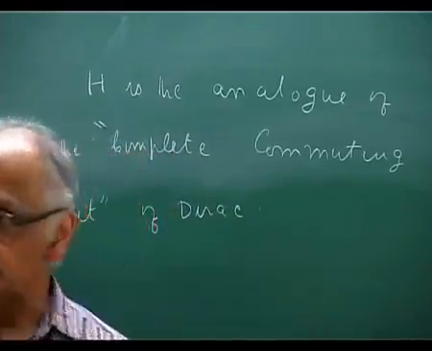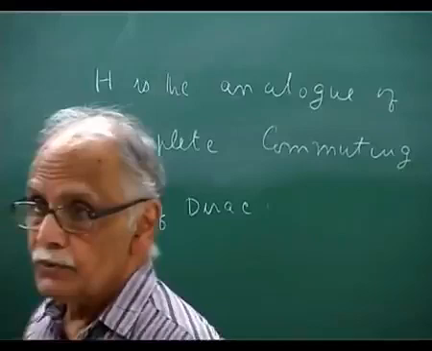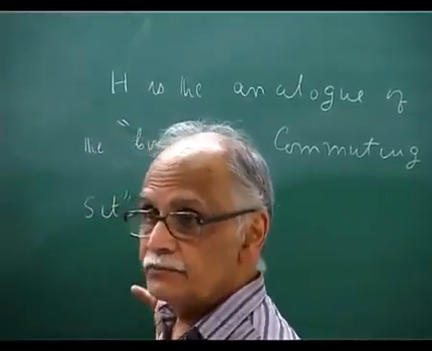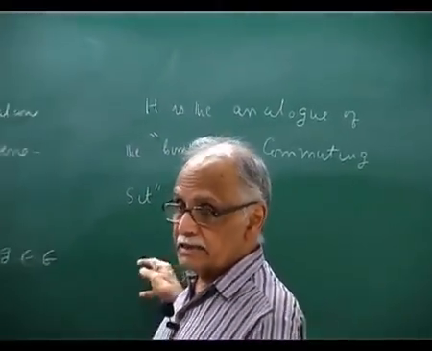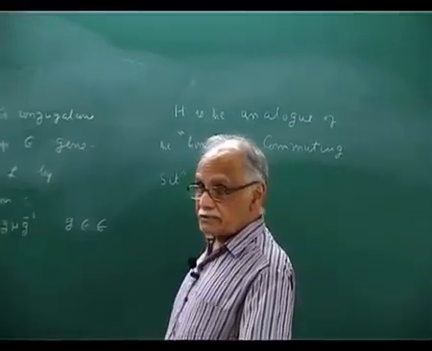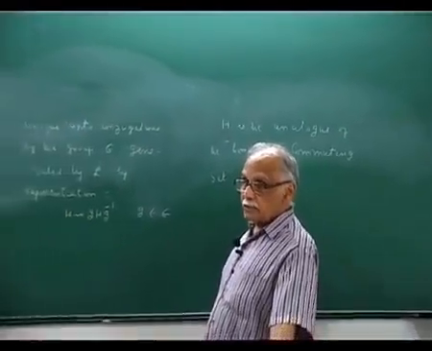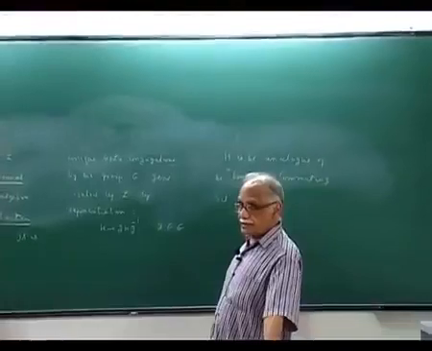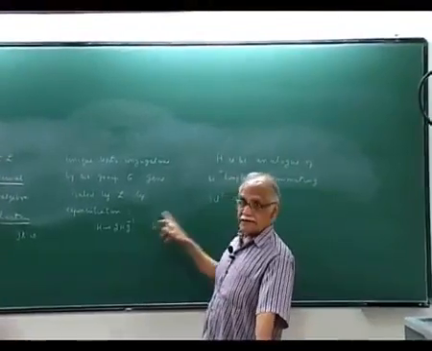In quantum mechanics, for the state labeling, or when you make observations, you have the concept of the maximal number of operators you can see. It's called the complete computing set. It is the exact analog of that here.